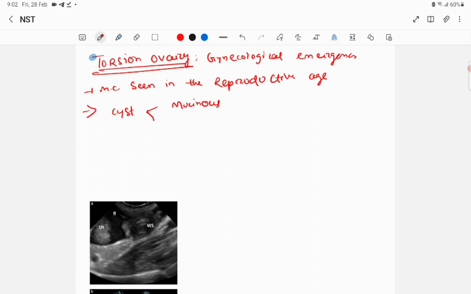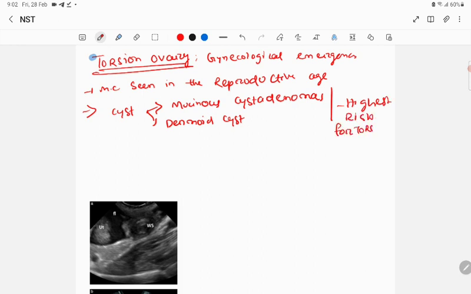It is called mucinous cystadenoma. Another is the dermoid cyst, which is full of hair and dental bones. These two cysts carry the highest risk for torsion.